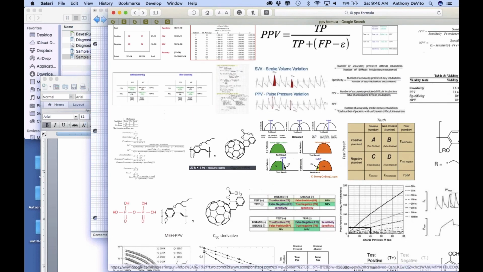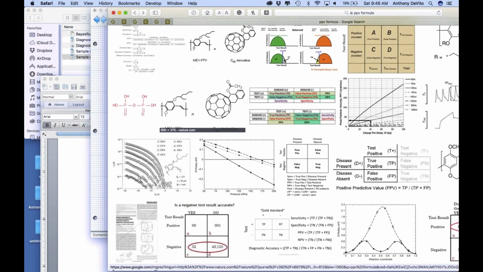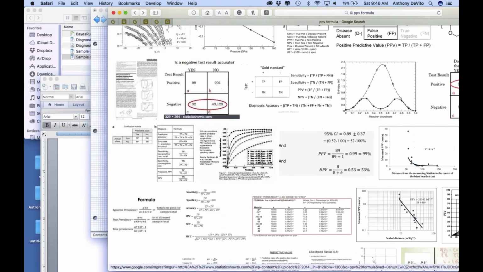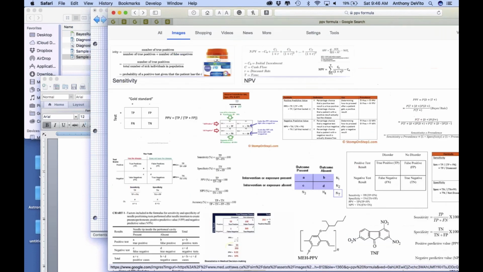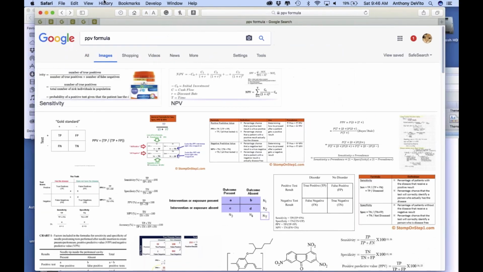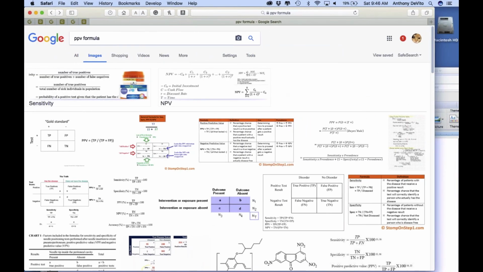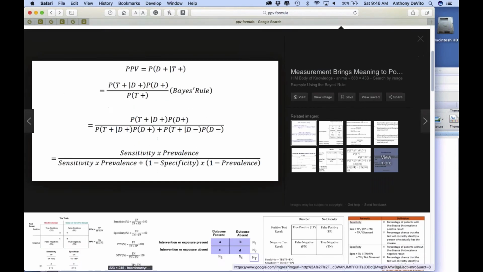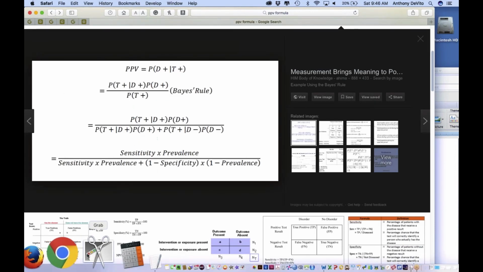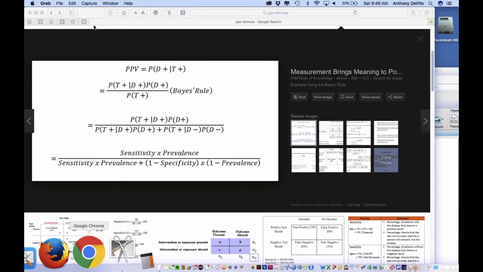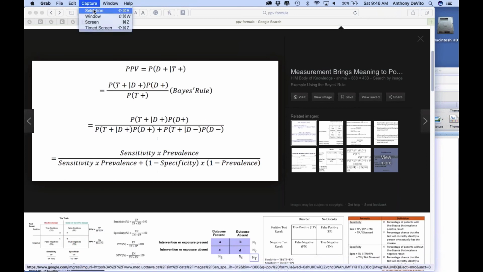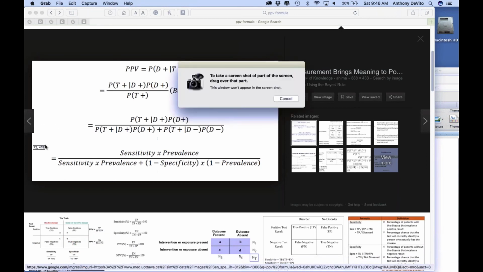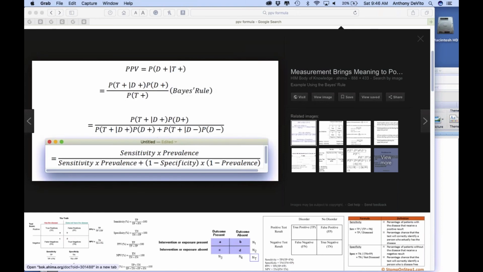Oh, here we go. Here's a version of it here. Okay, Bayes rule. Okay, and we're going to take the most descriptive one of it. I'm going to grab this one down here, because it's going to be the easiest one to work with.